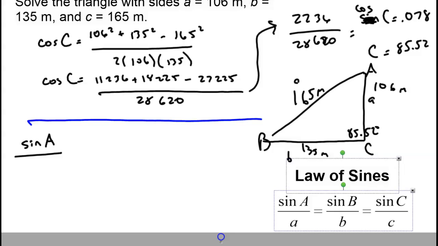And I know that angle, oh, excuse me, you know what? I did that backwards here. There we go. So this is angle B, and this is angle A. So I know that I'm going to look for angle A, and I know that side A is 106 meters.